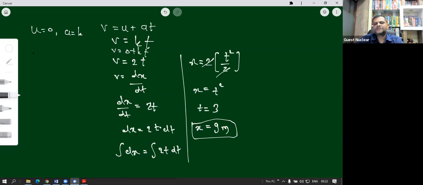And immediately we can just use the second kinematic equation. Second kinematic equation होता है s is equal to ut plus half a t square, करेक्ट है? जिससे हमको मिलता है s is equal to u तो 0 है तो first term will get vanished, and plus half into a which is k here, and that is going to be k into t square.